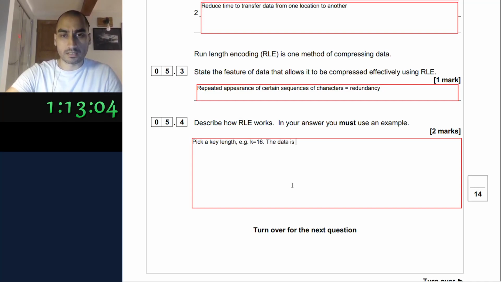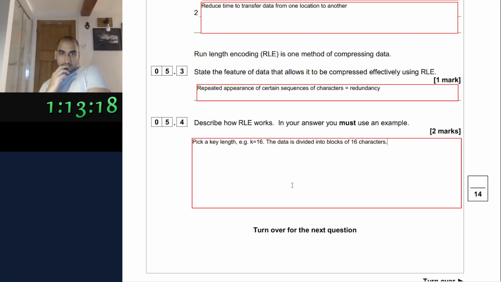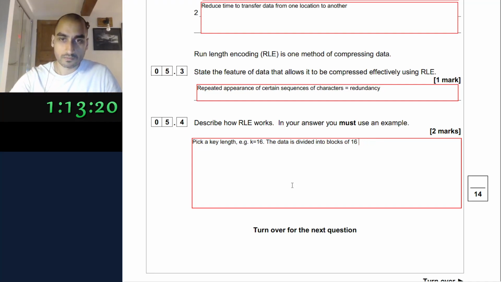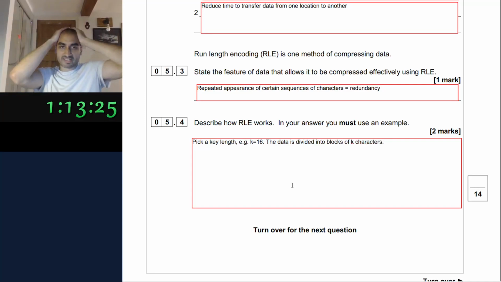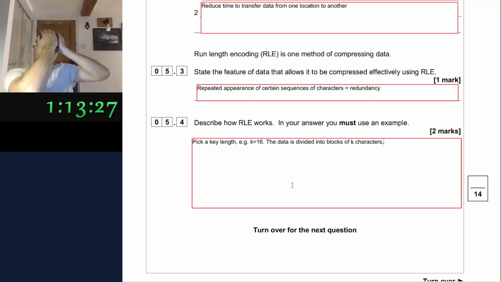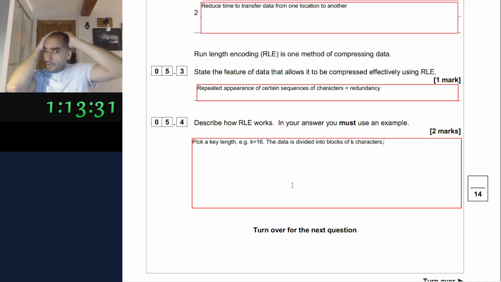The data is divided into blocks of 16 characters. Then what? But how do you compress it? This doesn't solve anything.